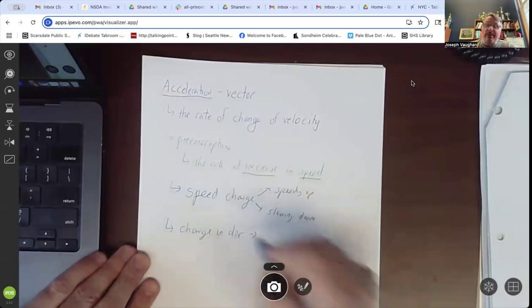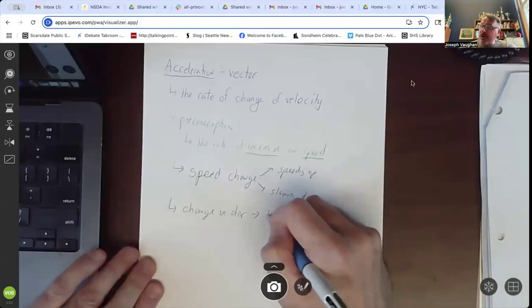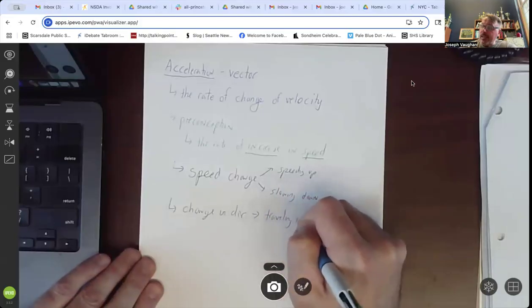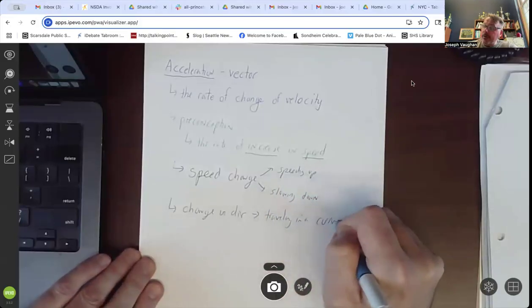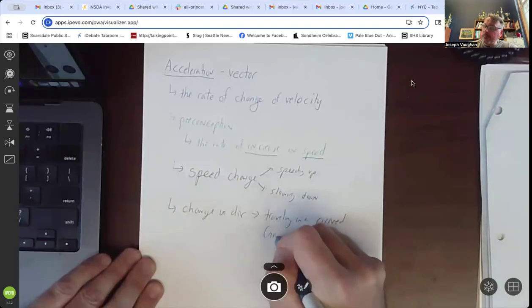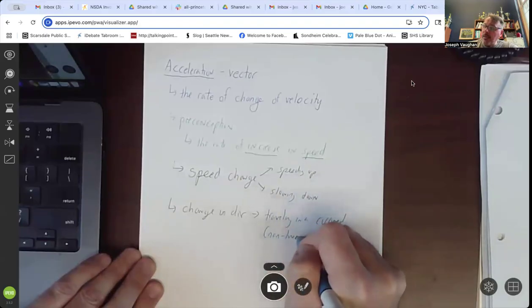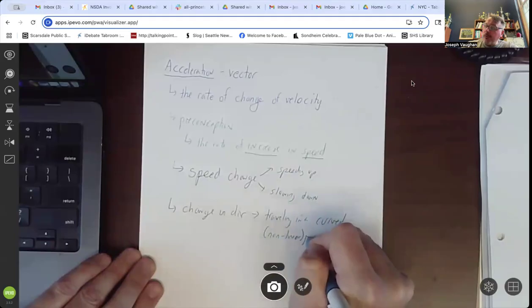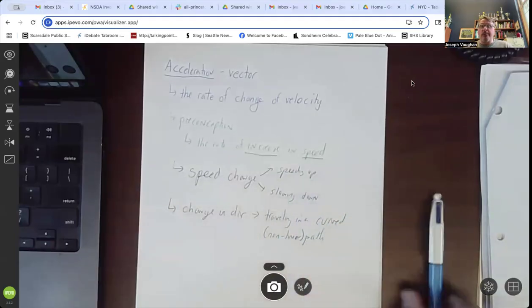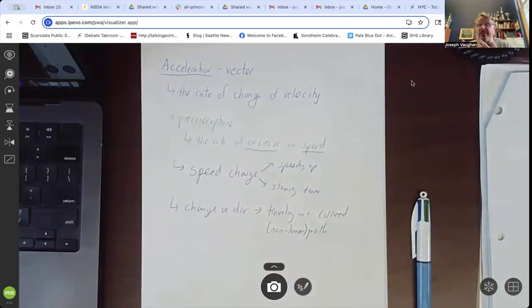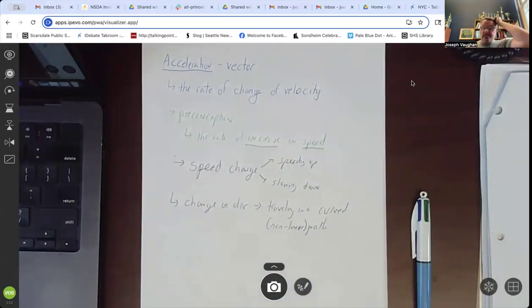And remember what we mean by change in direction. That means traveling in a curved or nonlinear path. And so hopefully by the end of this, we will understand a little bit more about when things speed up versus when things slow down versus when things change direction because they're accelerating.